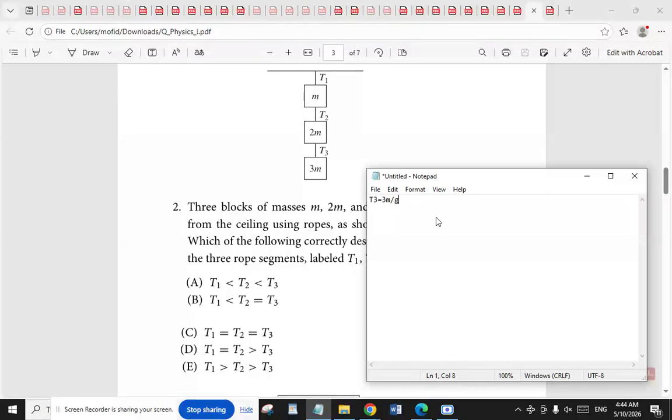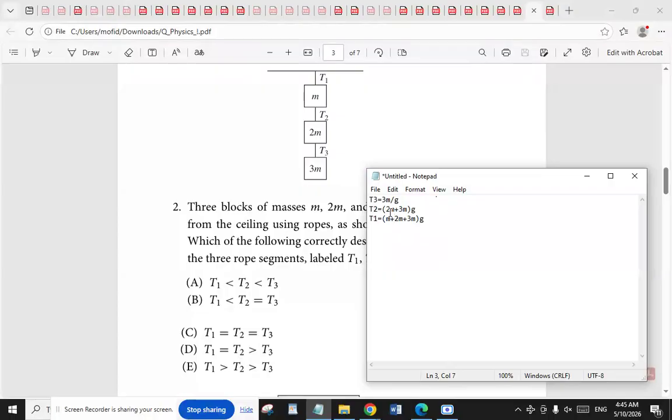The tension T3 is equal to 3m divided by g, but the string for T2 is carrying 2m plus 3m, which I include inside parentheses and multiply by g, and T1 is carrying all three.